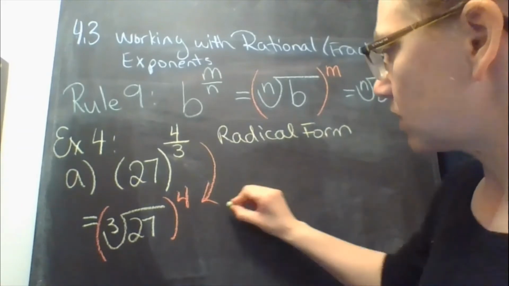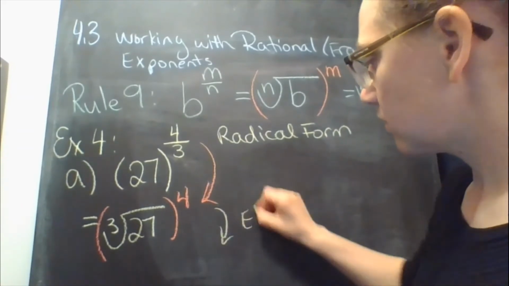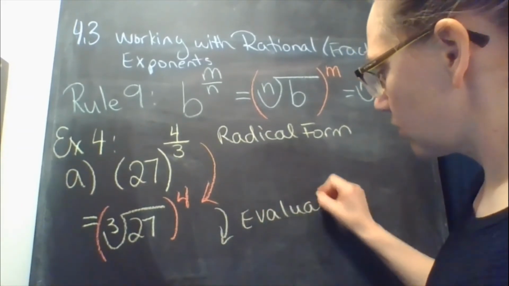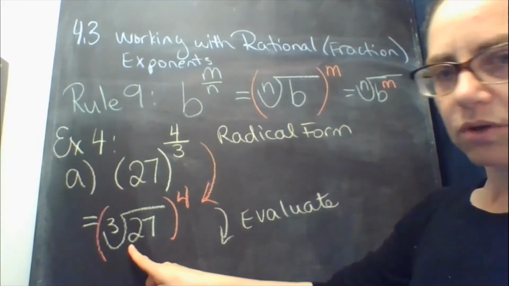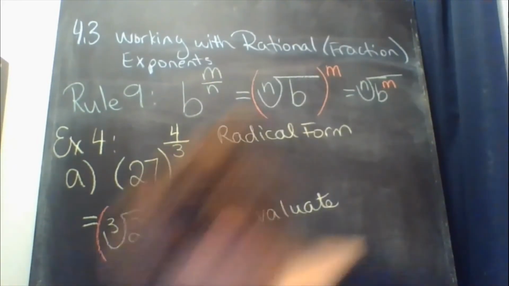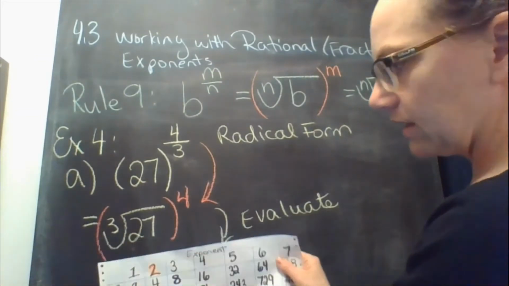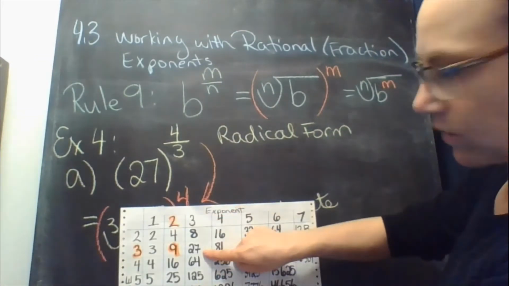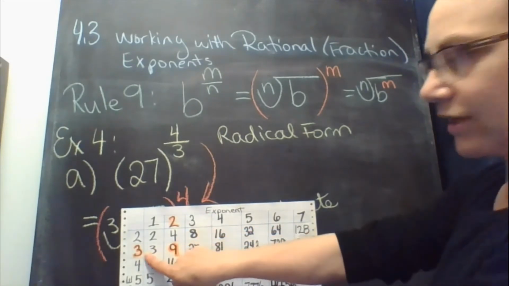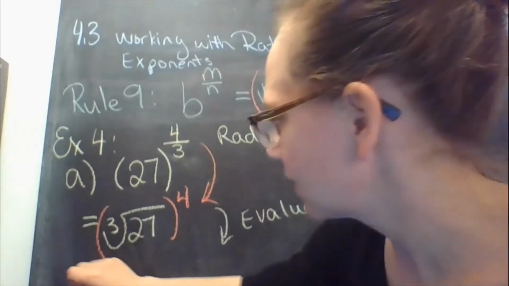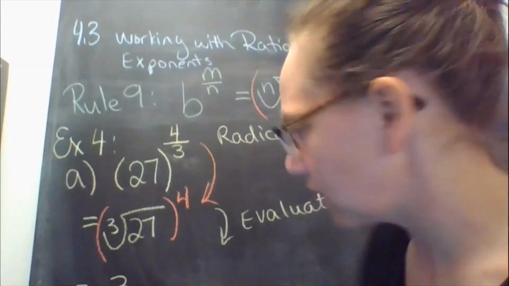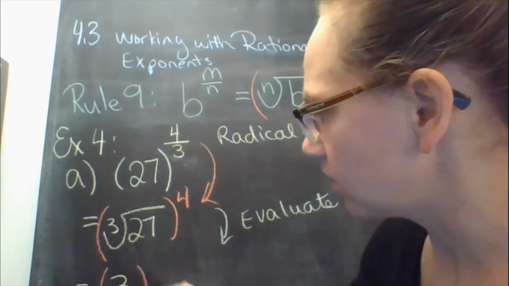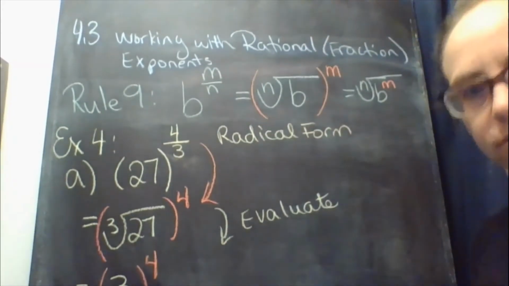And now what we want to do is evaluate. So I'm going to evaluate my cubic root first. So handy dandy table. Third root of 27 is 3. Good. So that equals 3, and that's still all to the exponent 4.